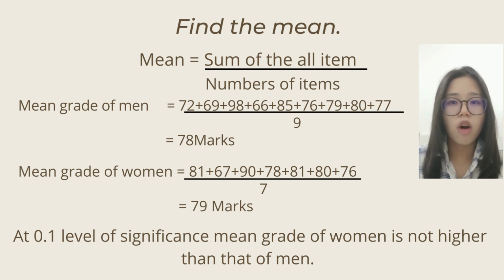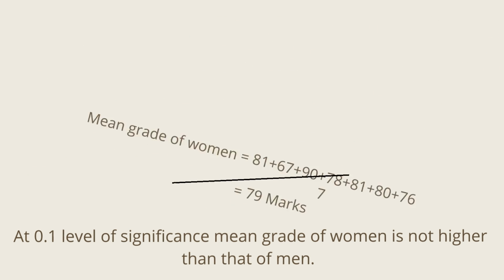The mean grade of women is 81 plus 67 plus 90 plus 78 plus 81 plus 80 plus 76 divided by 7, which equals 79 marks.